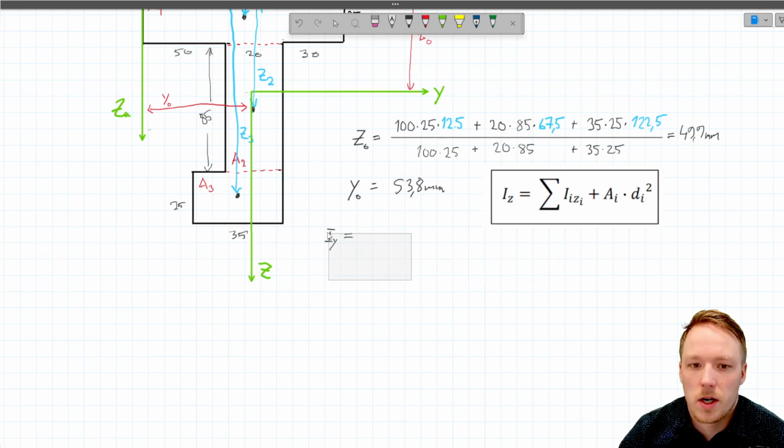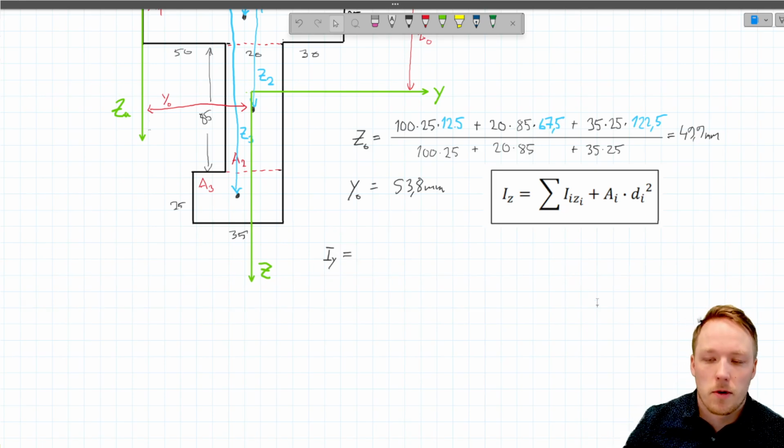So this is our equation for second moment of inertia around y-axis for a profile.